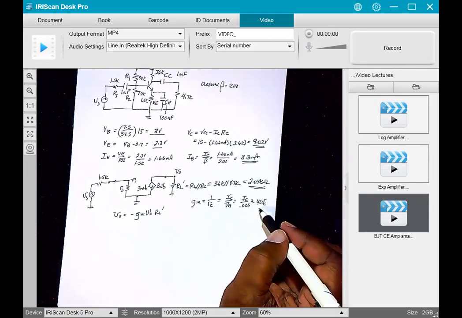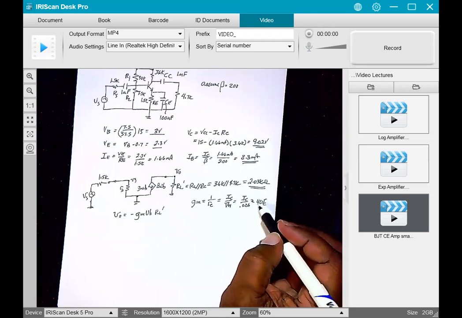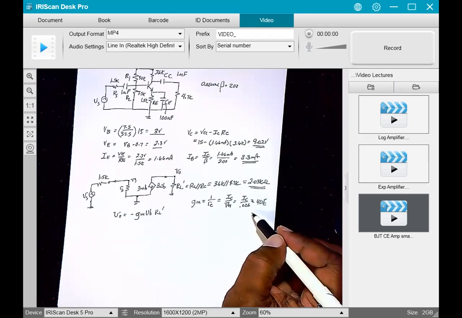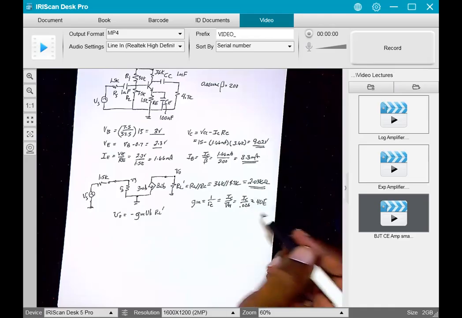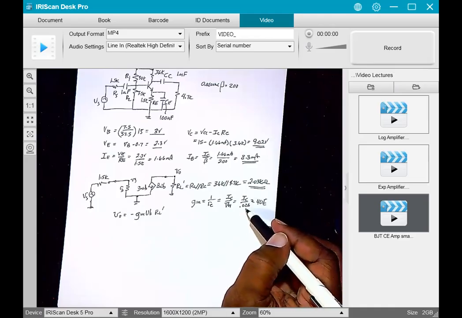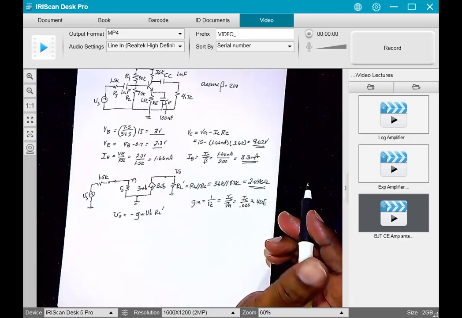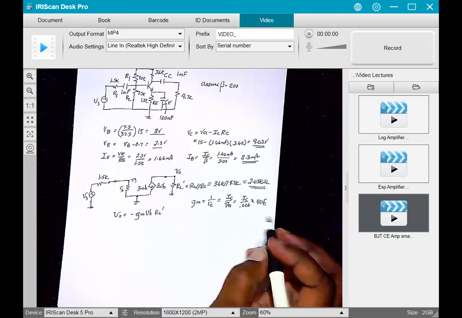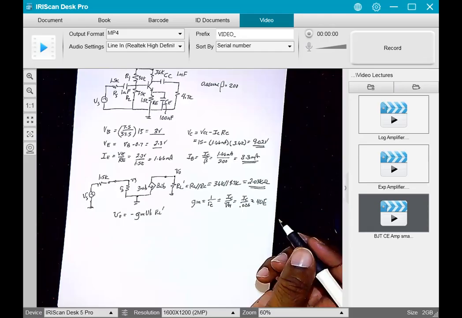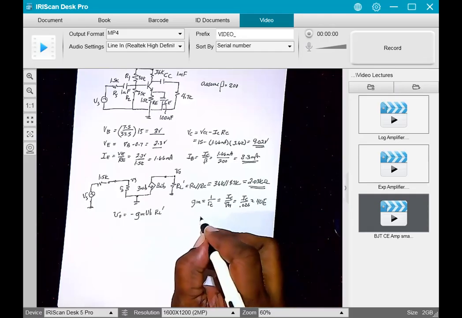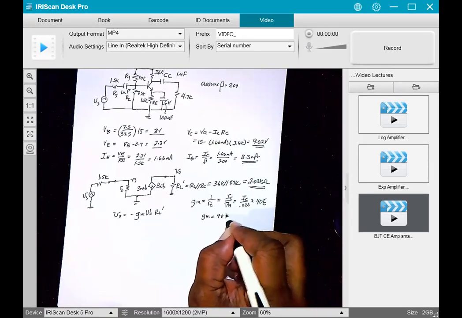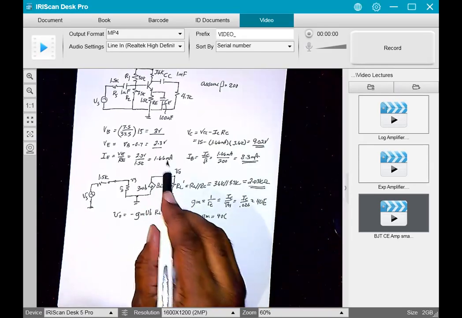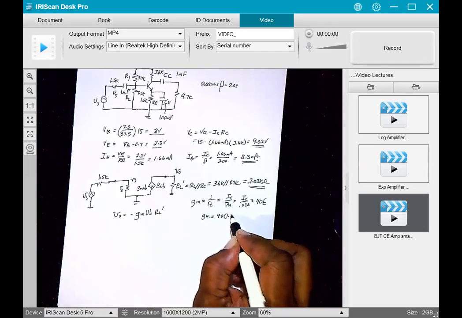Instead of calling the thermal voltage 26 millivolts, I call it 25 millivolts, so I can approximate gm as 40 times IC. IC is IE, 1.66 milliamps.